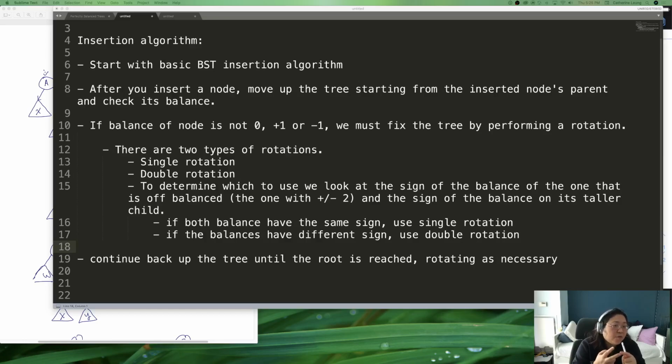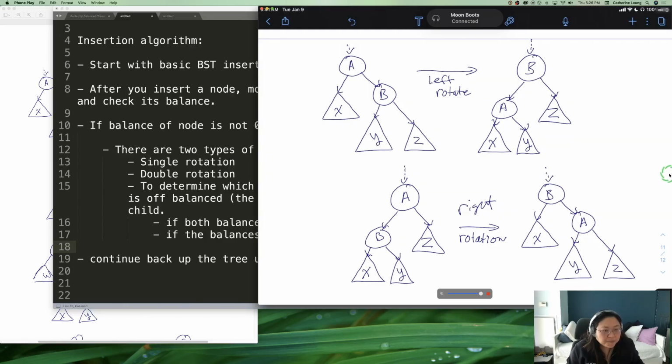And these will fix your trees. Which one you do depends on the way that the tree is off balance. Okay, so all of that other stuff is basically which way do we rotate, and how do we know if it's single or double? Okay, so a picture's worth 1,000 words, but that's the basic algorithm. Let's take a look and see what a rotation is, and then we'll go from there.